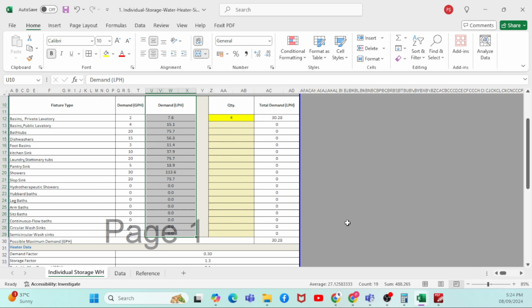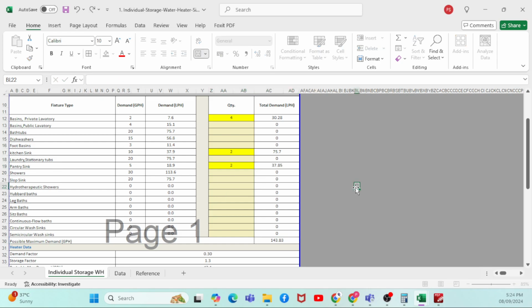For example, in one of the toilets, I have 4 lavatories. Then I have 2 sinks. I will simply enter the quantity, then I can get the total capacity required. For example, pantry sink, 2 numbers. If I calculate, I can get the total liters of water per hour for the fixtures. Anyone have a doubt?